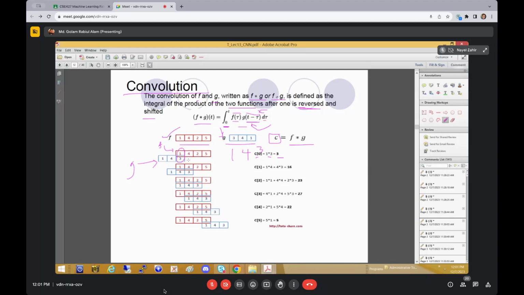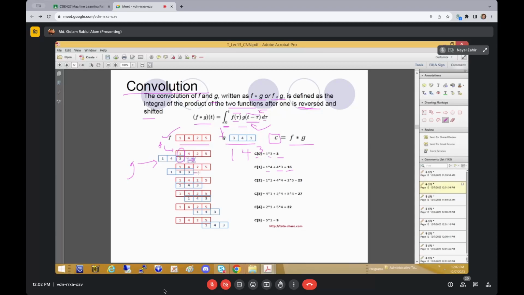Then we shift g. Now the common part is 4, 3 with 1, 4. Performing the operation, we get 16.